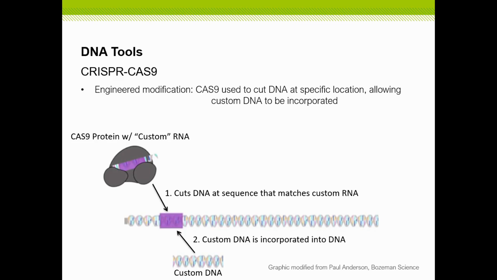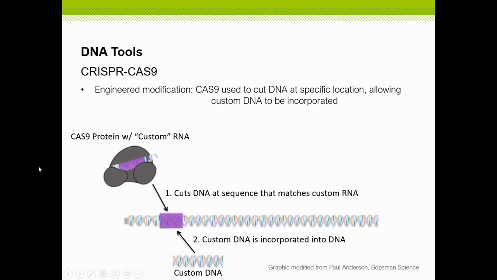And so we are using this CRISPR Cas9 system to specifically locate parts of DNA sequences in whatever organism we want, cut it on site, and then put our new DNA, our new custom DNA, in that location.